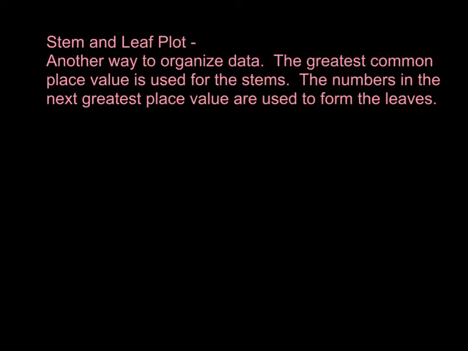Another way to organize data is a stem and leaf plot, and the way we do that is we look at the greatest common place value of the numbers in our data set, and that's used for the stems, and the numbers in the next greatest place value are used to form the leaves. In the case of the height of the basketball team members, they all started with either a 7 or an 8.